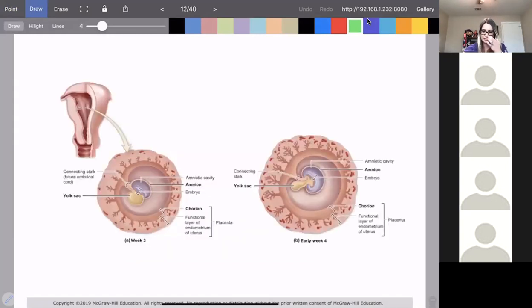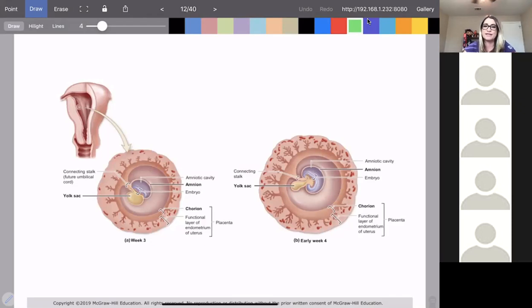When we look at this, so here you can see some of the extra embryonic membranes here. So yolk sac is our first extra embryonic membrane to develop. It doesn't have yolk like if you're thinking about yolk in a chicken egg, it's not quite the same. Yolk sac here is responsible for blood vessels and blood cell formation, so for erythrocytes.